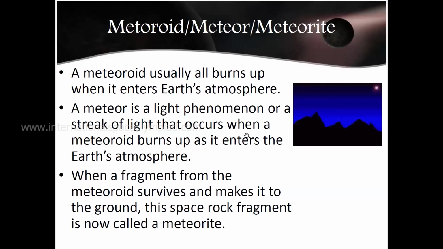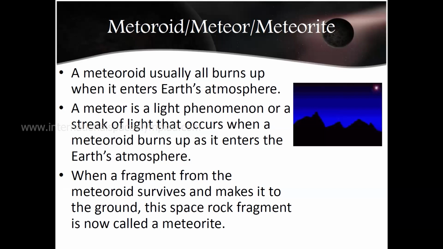Now, the difference between meteoroid, meteor, and meteorite. A meteoroid usually burns up when it enters the Earth's atmosphere, right? Because it has to travel a lot, maybe 100 to 200 kilometers, and if it is not big enough to reach the Earth after all this burning up process, it will of course burn up.